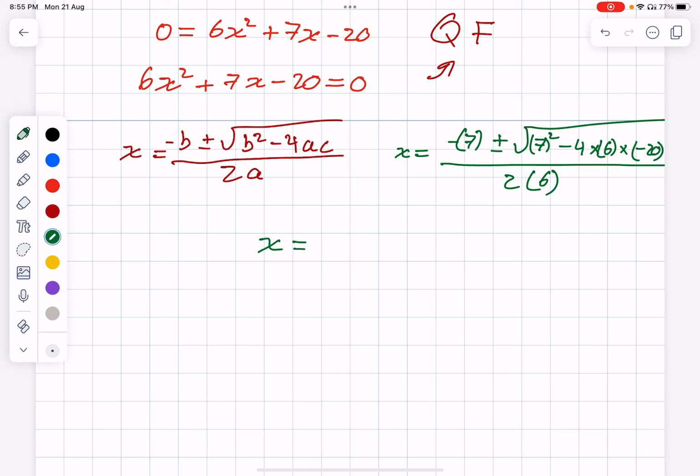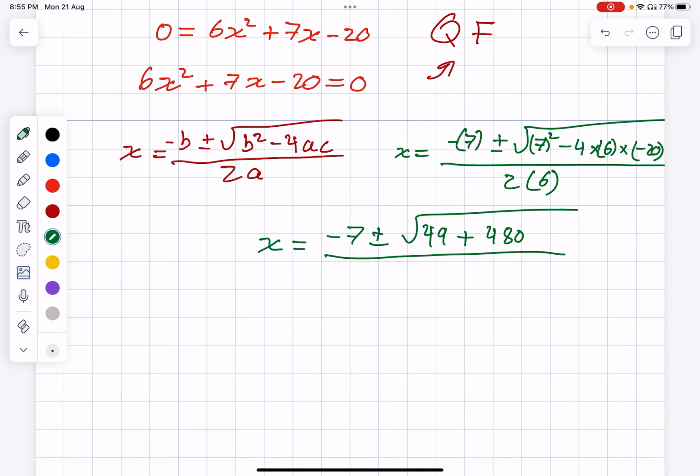x equal negative 7 plus or minus square root of 49 plus 24 times 20, I'll be getting 480. Or you can say negative 24 times negative 20, you will get 480. And above 2 times 6, which is 12.